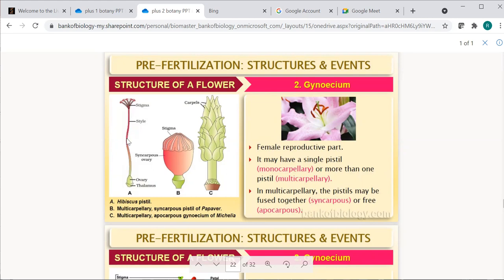So this is a female reproductive part of the flower, that is pistil, or you can also call it carpel. The topmost part is called stigma. The long elongated one is style, and the basal part, which is attached to the thalamus, is called ovary.